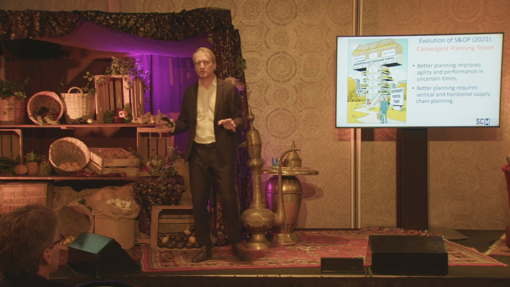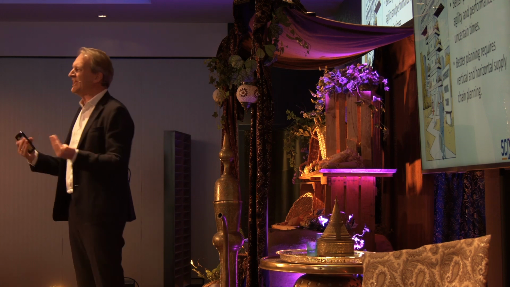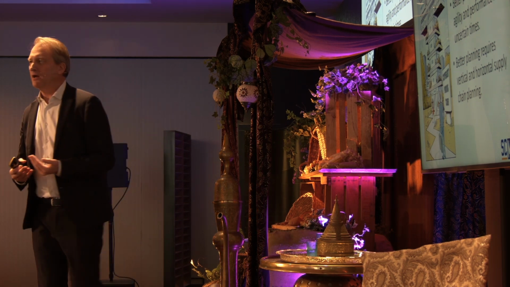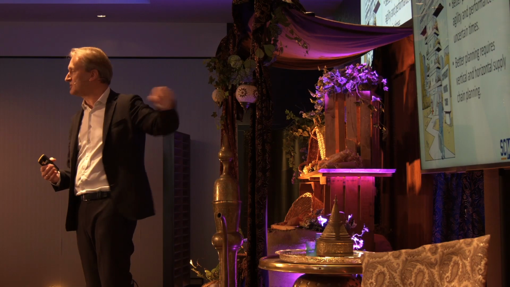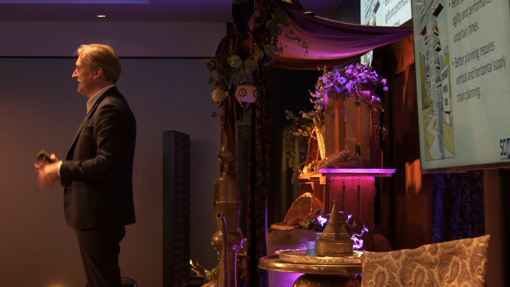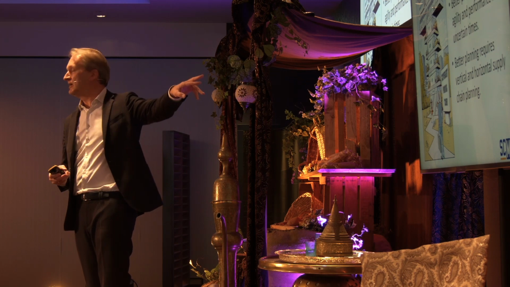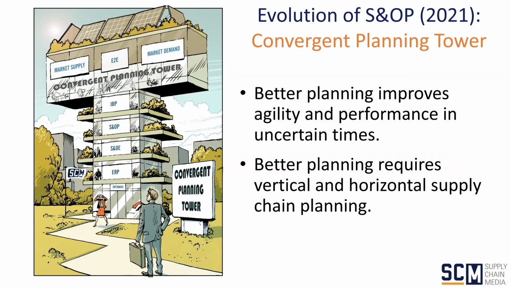So how do you move forward if you go to software selection? What I created last year is what we actually need: a planning tower, and a planning tower has different layers. First, your customer orders go into your ERP, and then the next level you have your S&OE. Do you have software for S&OE? No, you haven't.